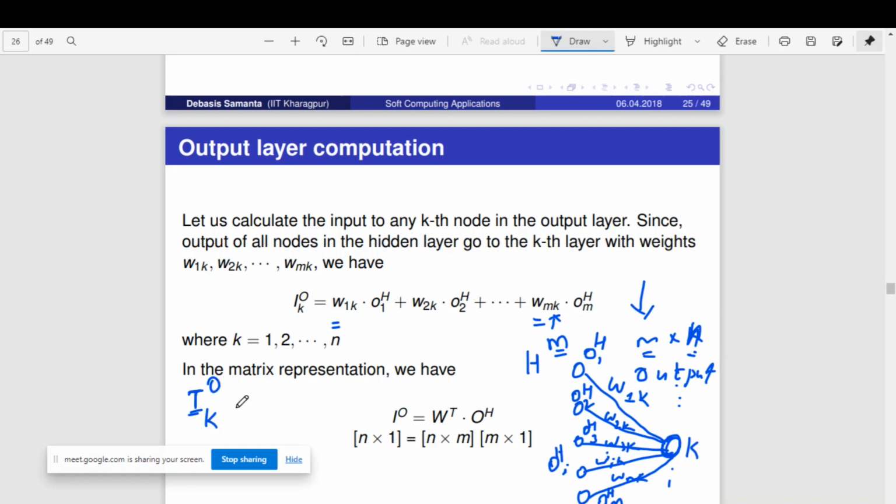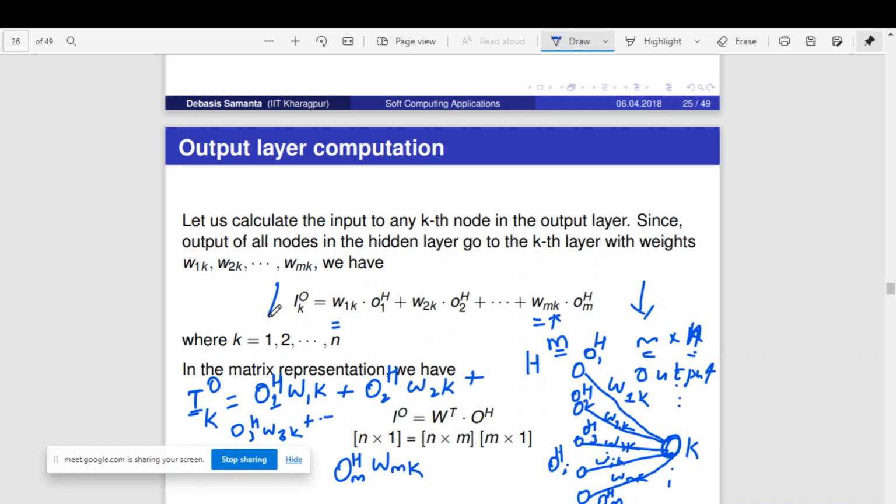The input to the kth neuron of the output layer can be mathematically represented as O1H into W1K plus O2H into W2K plus O3H into W3K, and so on up to OMH into WMK.